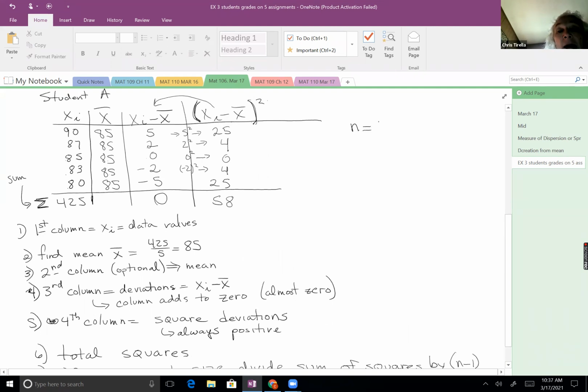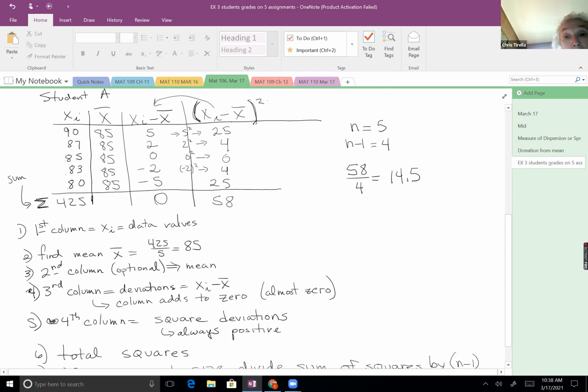My sample size is 5. So 1 less than that is 4. So I'm going to take that 58 and divide it by 4, and we get 14.5.